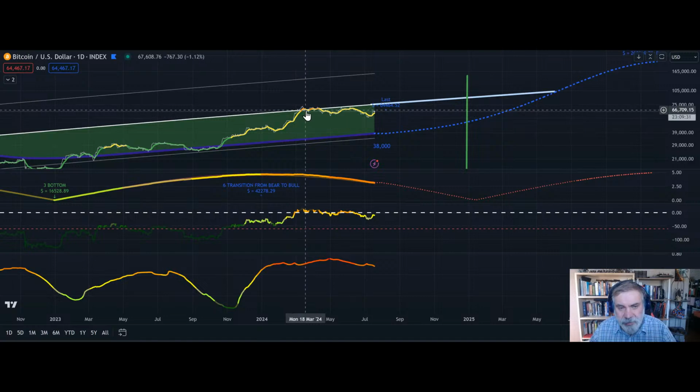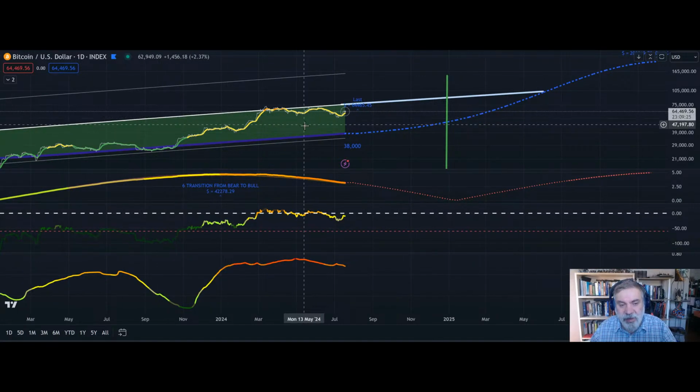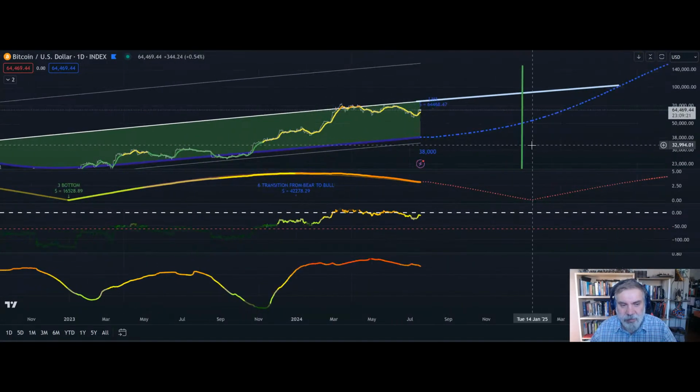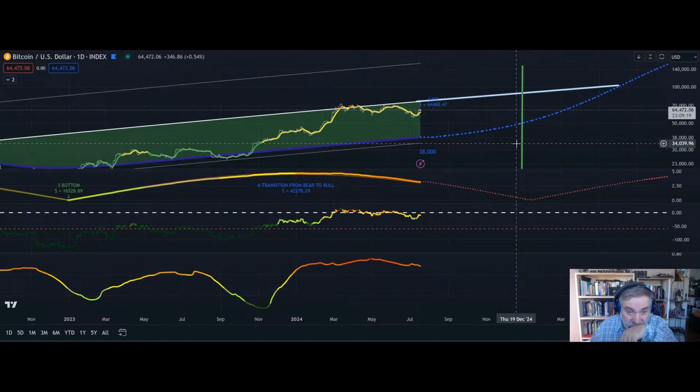For some reason, the power law seemed to be some kind of barrier, right? Some kind of reference that the price didn't want to cross.